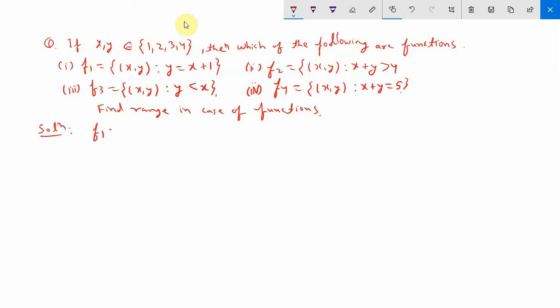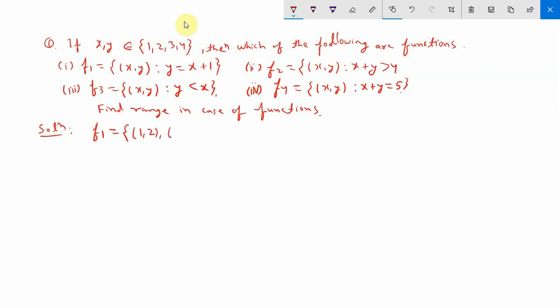So f1 will be xy such that y equal to x plus 1. xy is an element of 1, 2, 3, 4. So 1, then y will be 2.